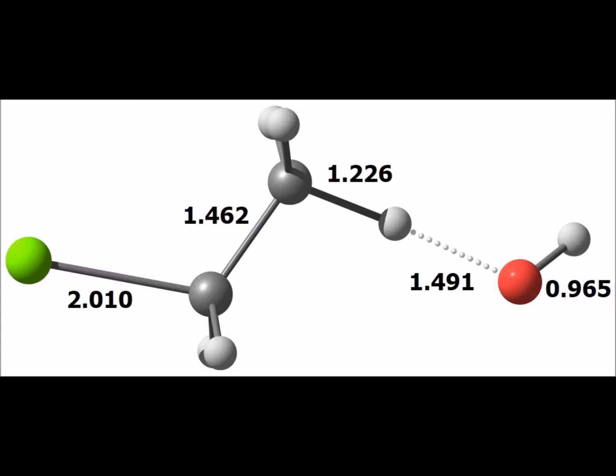Notice that the green atom, chlorine, the two gray atoms, carbon, and the alpha hydrogen are all in the same plane. That makes them periplanar. The anti part is that the chlorine atom of the leaving group is pointing to the left, whereas the beta hydrogen is pointing to the right. Since they're pointing in opposite directions, that makes them anti. So they are anti-periplanar.